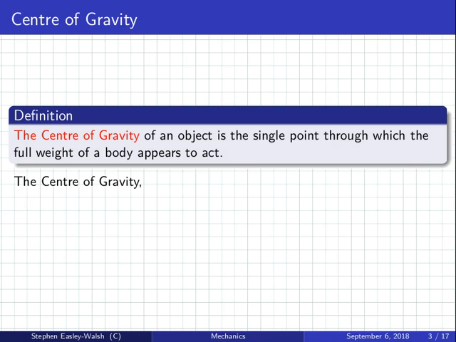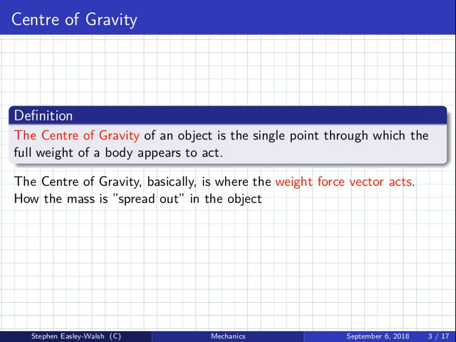Okay, you got that? So basically, it's where the weight force acts.